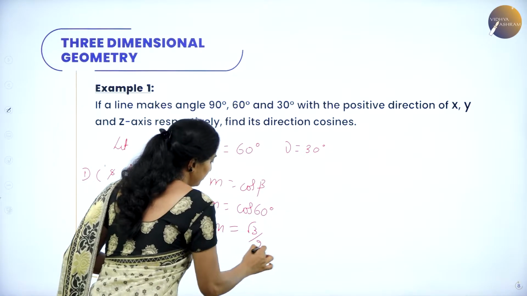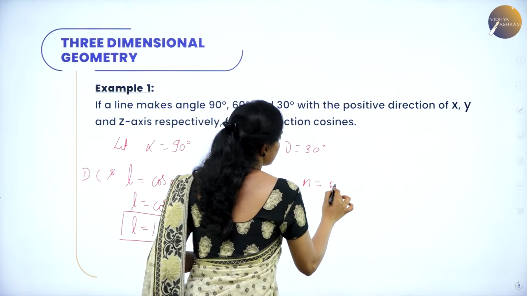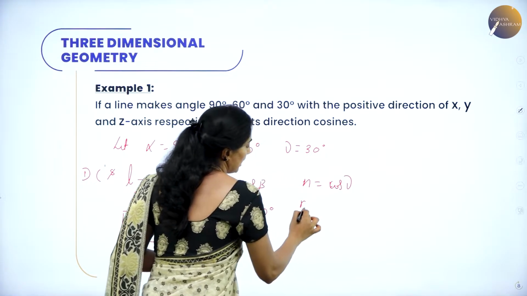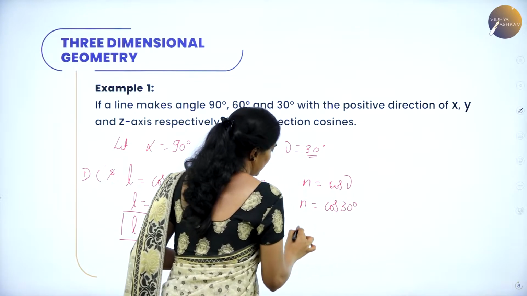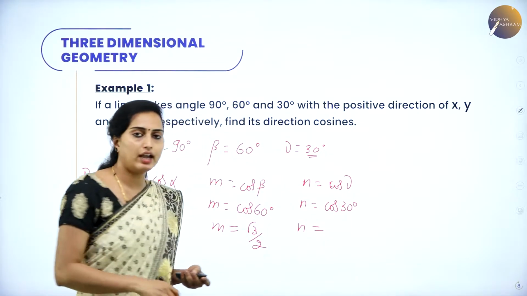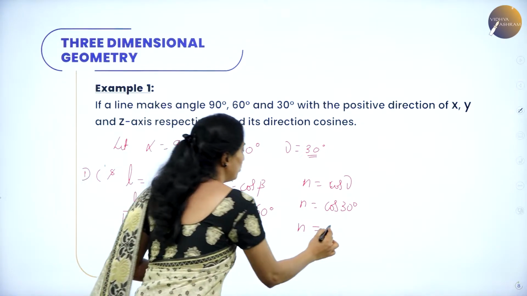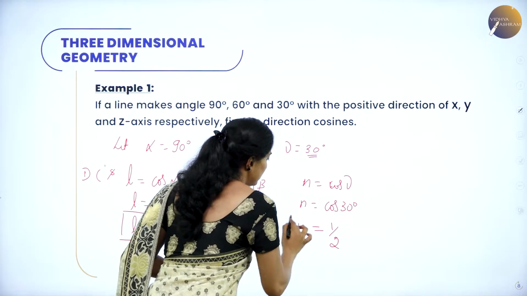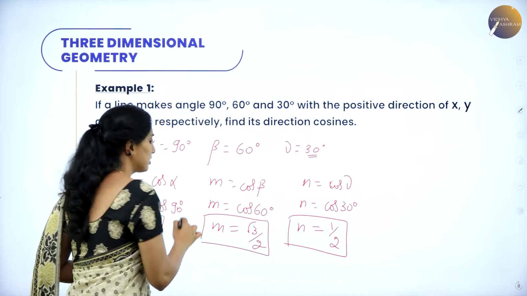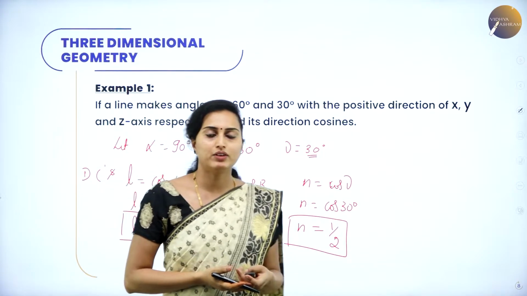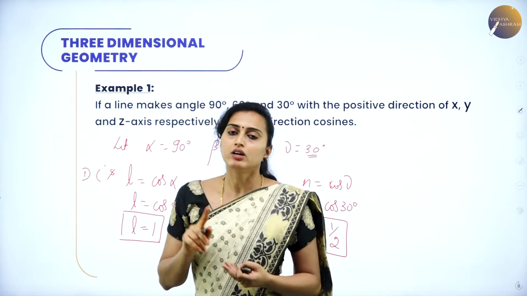So L, M and N are given by these values. That's it, yes. When they are given an angle, how to find out the direction cosines? Cos alpha, cos beta, cos gamma.